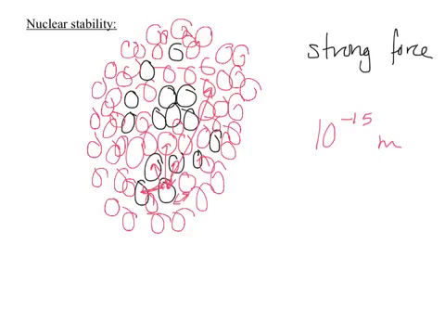So I'm increasing the strong force, and the electric force is remaining constant. Let's put a 0 there to remain constant. It's not going up or down. So the electric force is constant while the strong force is going up because I have more and more neutrons there to create more and more of the strong force.